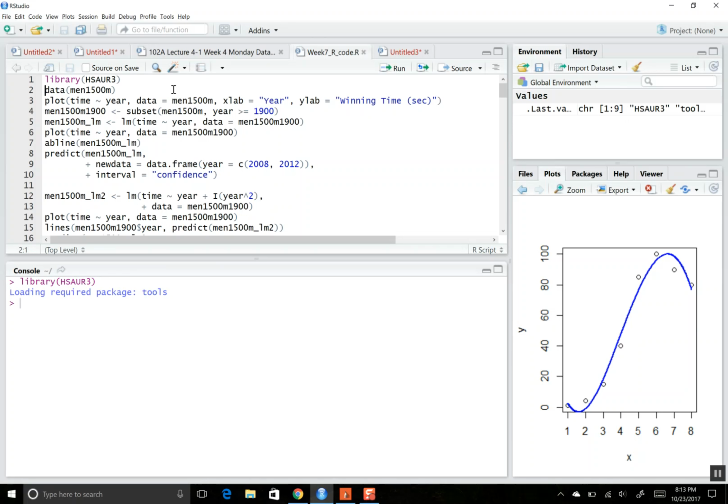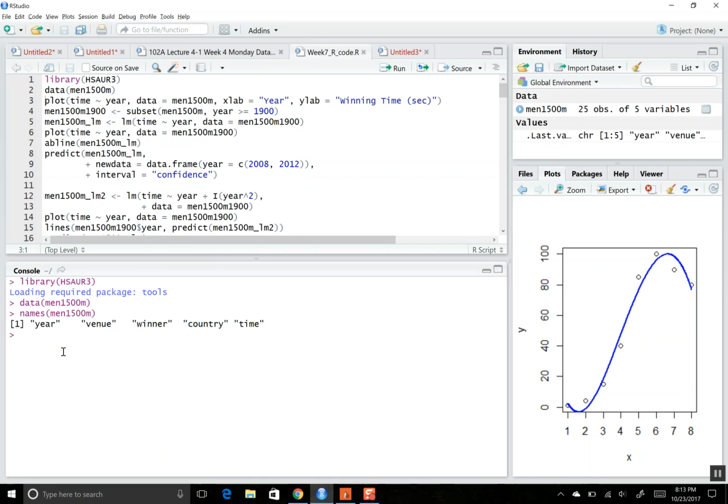We're going to look at the Handbook of Statistical Analysis using R, and we'll first look at this data set men1500m, which is the men's 1500 meter track and field race, and we're going to look at the time it took. All we have is year, venue, winner, country, and time. So really, we'll just look at the relationship between year and time.